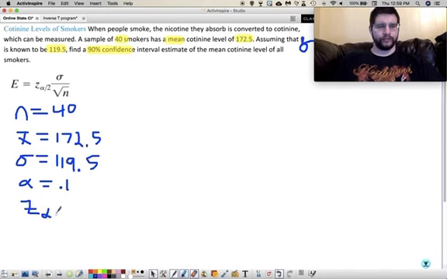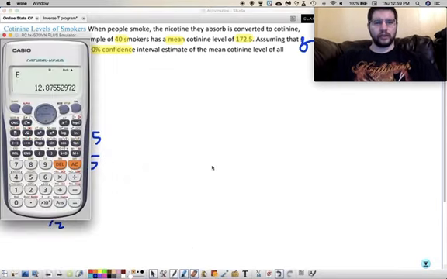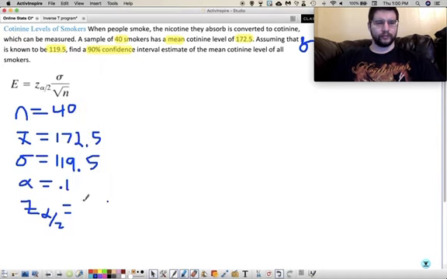I don't remember that Z-score. I have to go look it up. But I'm not going to look up 0.1. I'm going to chop it in half and look up 0.05. You can use the chart. I'm going to use a calculator. Actually, if you look up on the chart, it'll say 1.645.